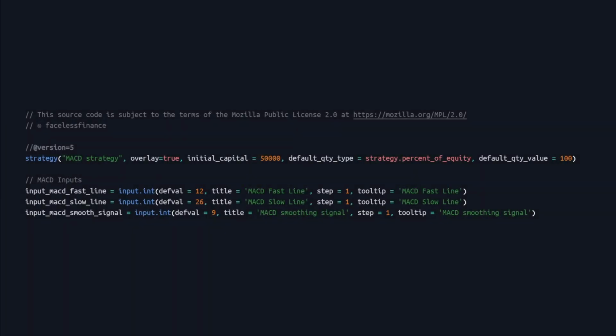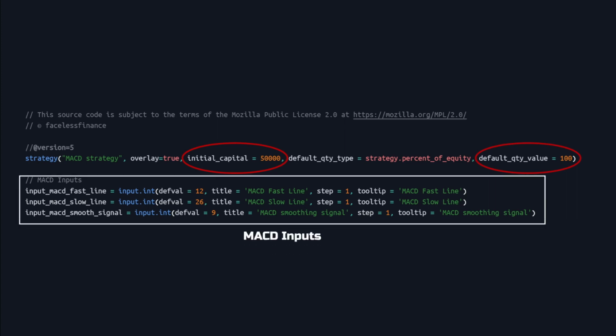The strategy starts with an initial capital of $50,000, and the default quantity of trade is 100, which represents the order size. The MACD indicator takes 3 inputs. As I said before, the user can change the input if they want, but the default values for the MACD indicator are 12 and 26-period EMA to calculate the MACD line, and 9-period EMA for the signal line.